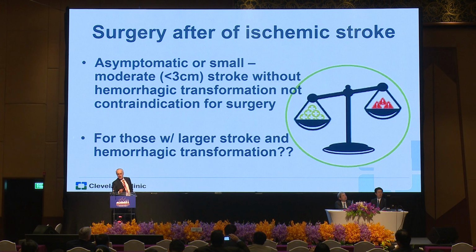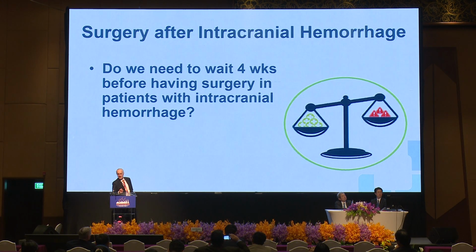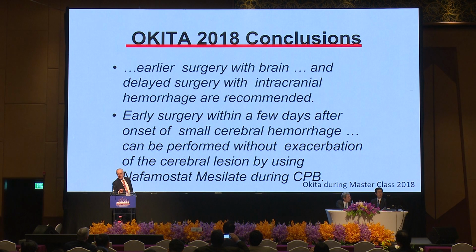For those with larger stroke and hemorrhagic transformation, we have a thorough discussion about risks and benefits, and we still wait on those with significant bleeding, but sometimes the heart problem is pressing, and we are pushing this time limit down.